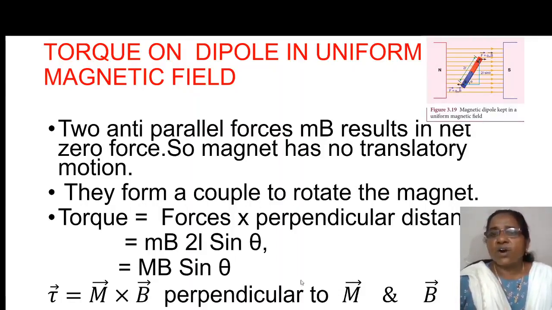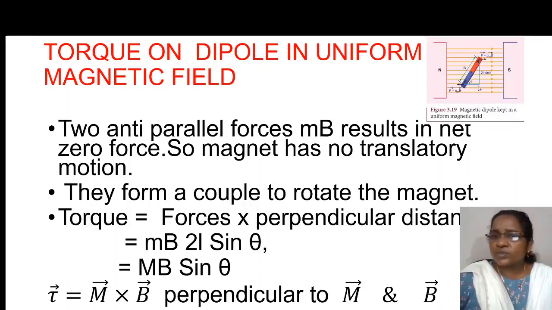The torque for this rotation can be calculated as one of the forces into the perpendicular distance between their lines of action. This is one line of action, this is the other line of action, and this is the perpendicular distance.